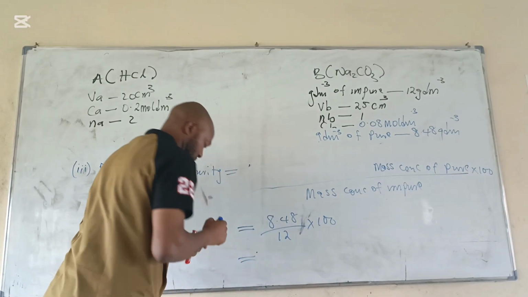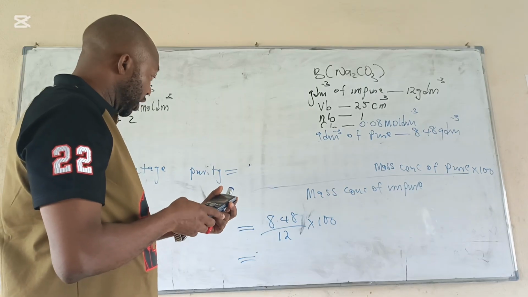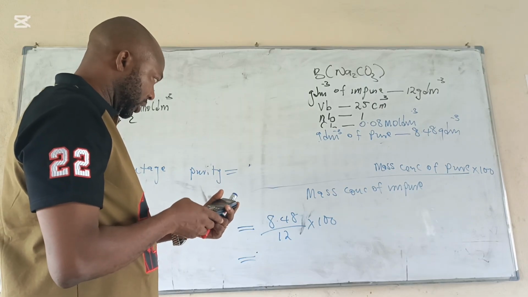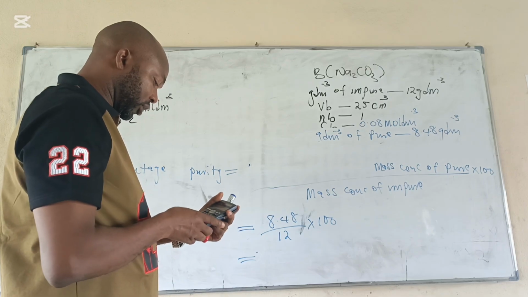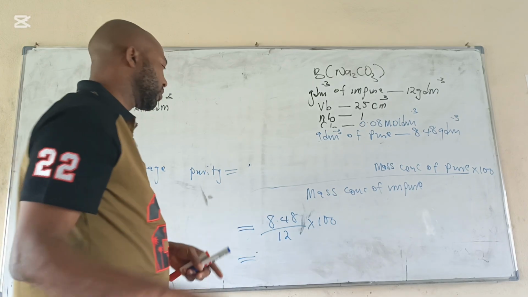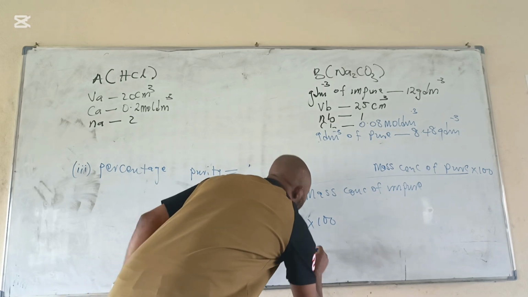And this is equals to 8.48 divided by 12 times 100, 70.7. So it's still the same. We have our 70.7% pure.